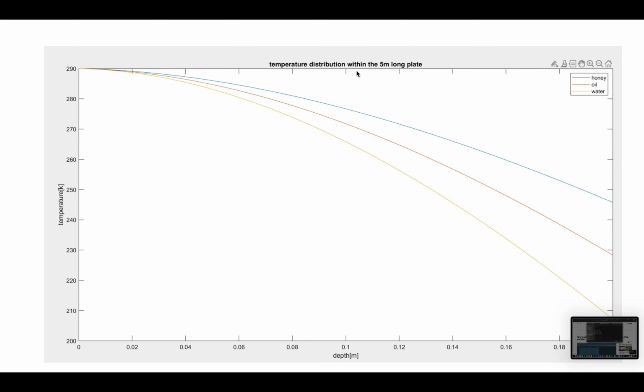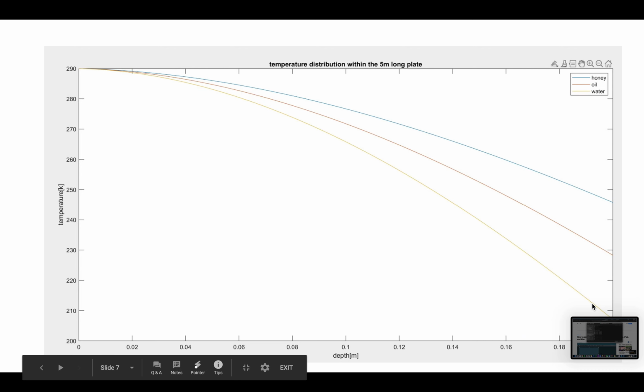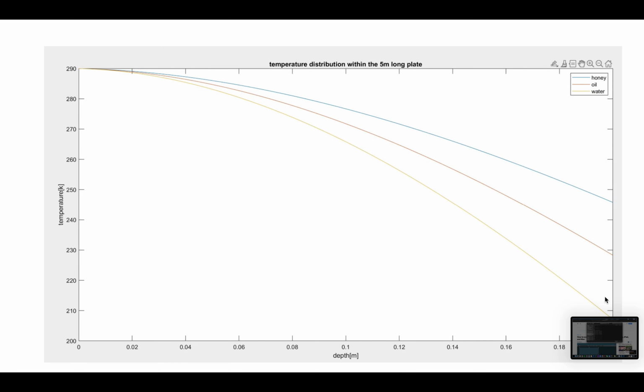And right here is a temperature distribution within the 5 meter long plate. So for the 0.1 meters and for the 1 meter, they look pretty much the same. So I decided to have this one as a representation only.